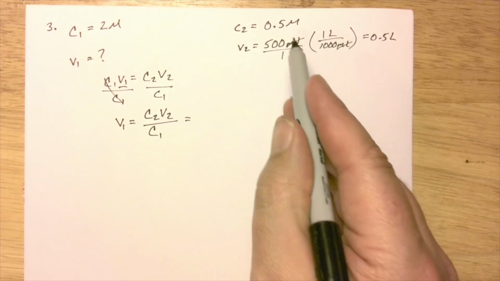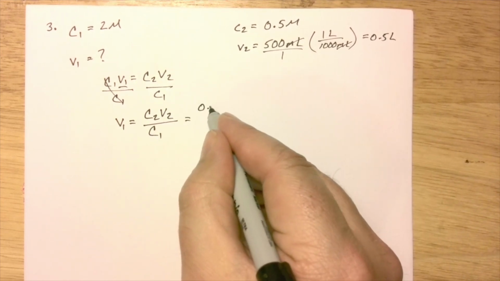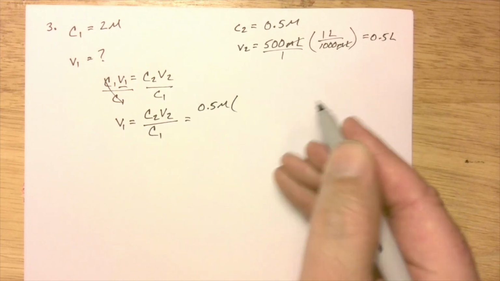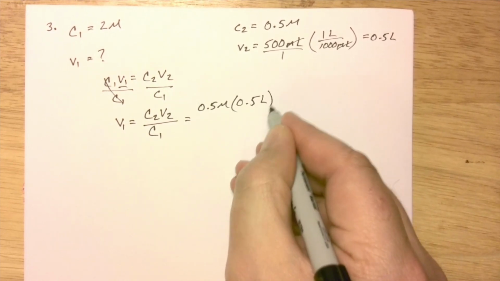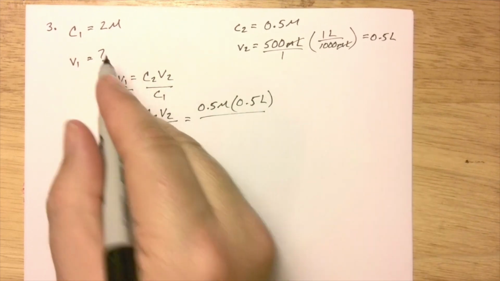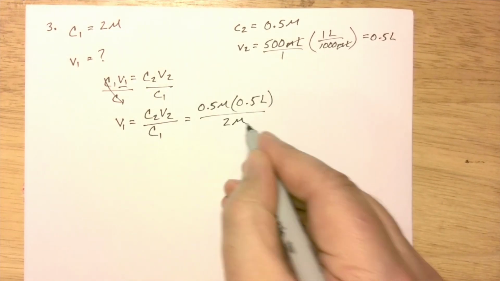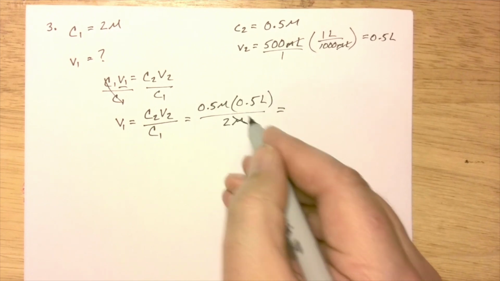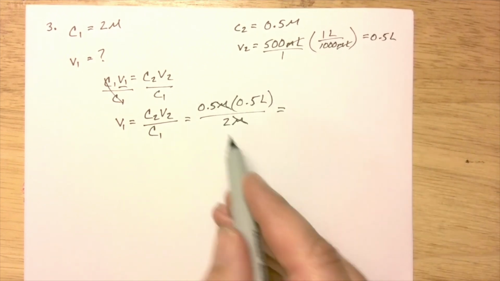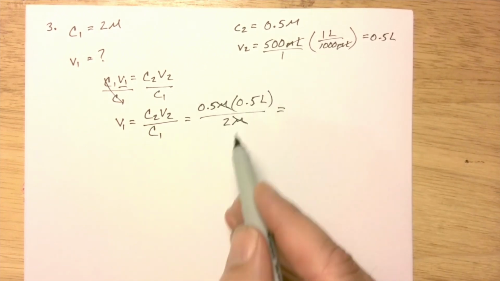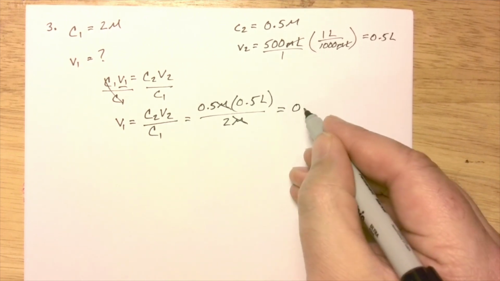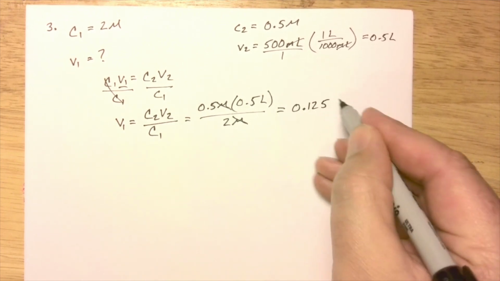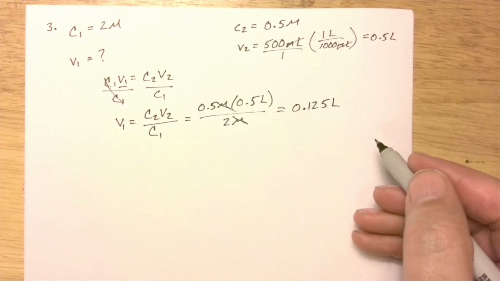So C2 is 0.5 molar. V2 is 0.5 liters. C1 is 2 molar. Molarities will cancel out. So 0.5 times 0.5 divided by 2 comes out to be 0.125 liters.